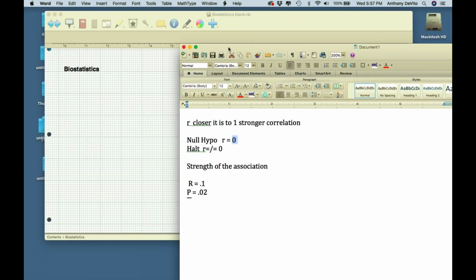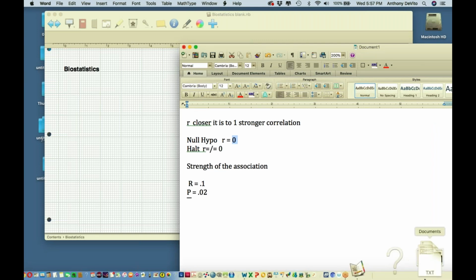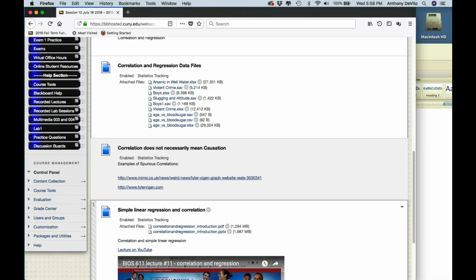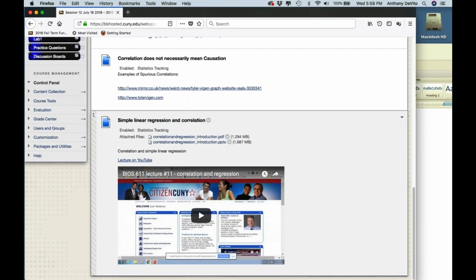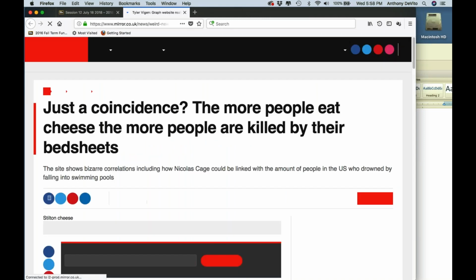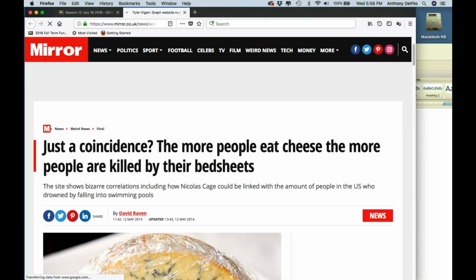Okay, so just to give you an idea, just to get some interesting looks at situations where you get some association between correlation and causality, I'm just going to pop open a quick website or two. There's a link to this. Just a coincidence.